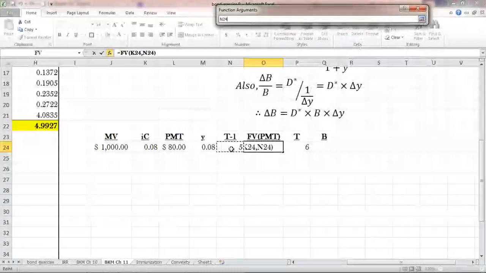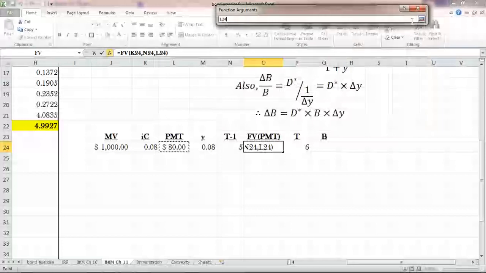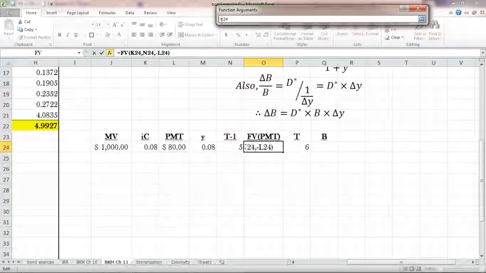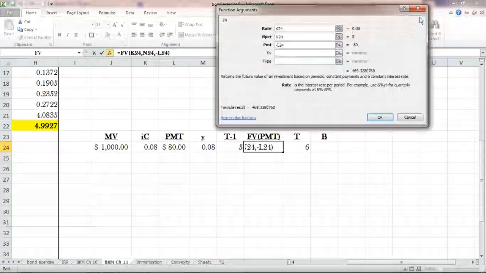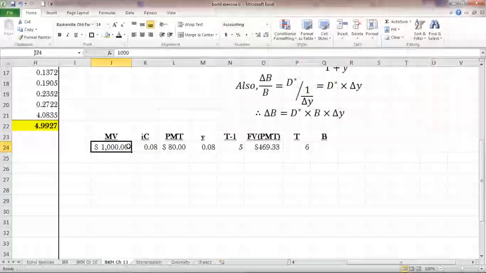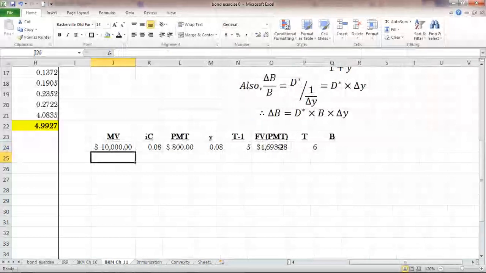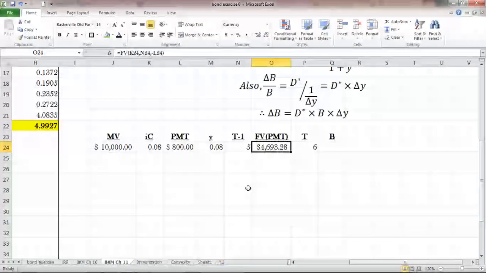And payment. Okay, this was 10,000, right? Not 1,000. So 10,000. Then we got the future value of all those coupon payments will be this.